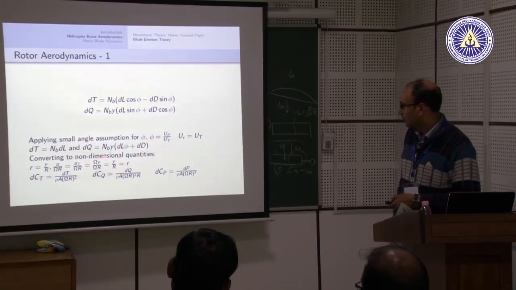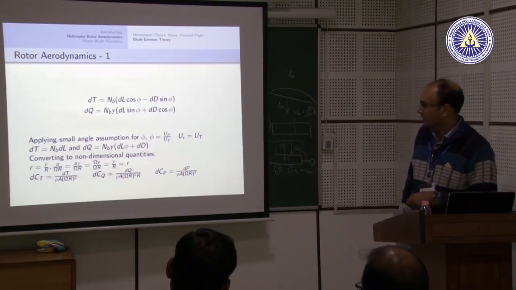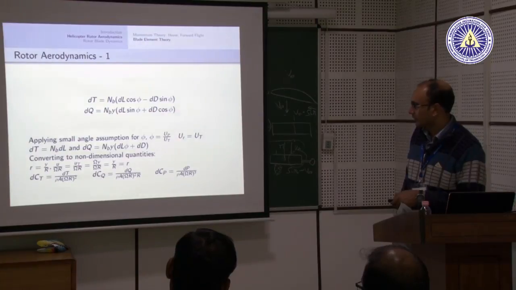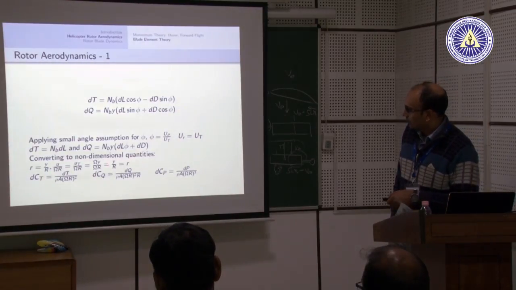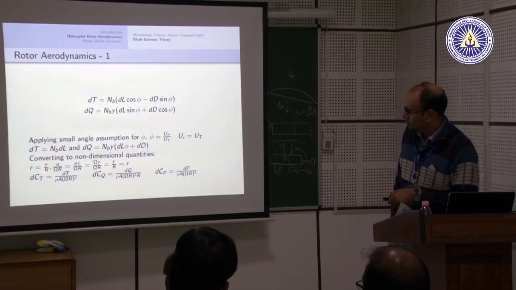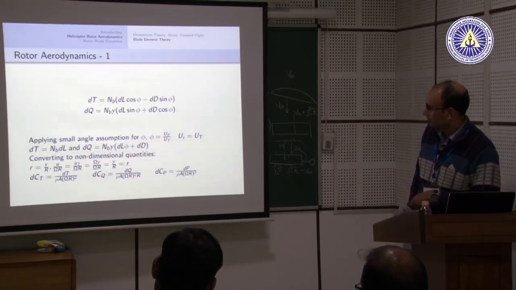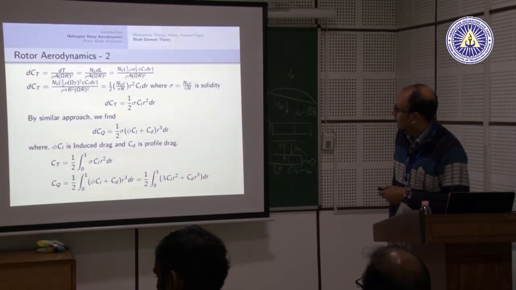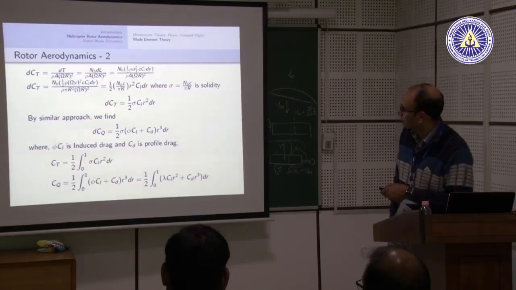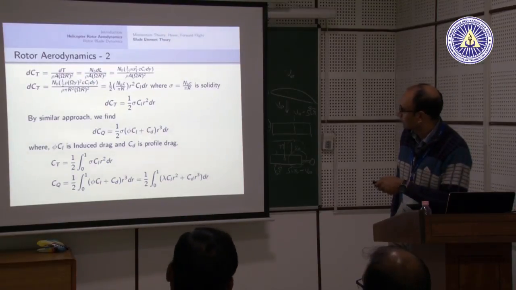Now, converting to non-dimensional quantities. Like we discussed earlier, we divide everything with length dimension by r, velocity dimension by omega r, and so on, and eventually I can convert my thrust to thrust coefficient, torque coefficient, and so on. So, going through all this maths, simplifying everything, I finally end up with an expression for dCT in terms of something like this.